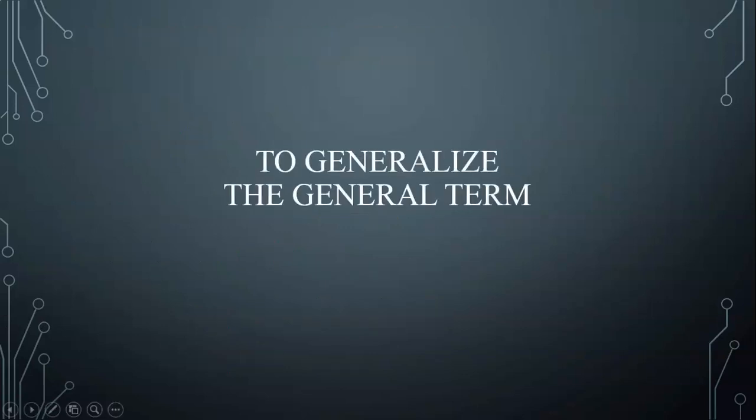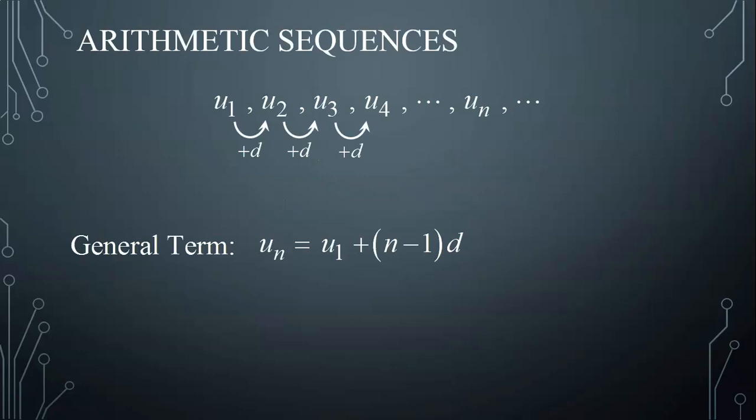So how can we generalize the general term of an arithmetic sequence further, and in what sense? Looking at this arithmetic sequence with the first term U1 and common difference D, the general term as we derived it is Un equals U1 plus n minus 1 times D. So in order to find this nth term, I need the first term and the common difference.